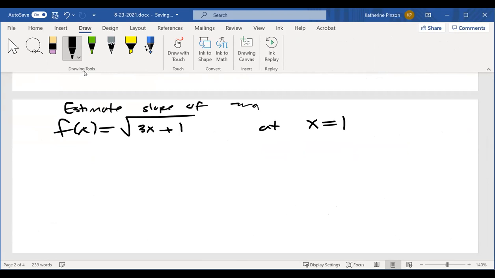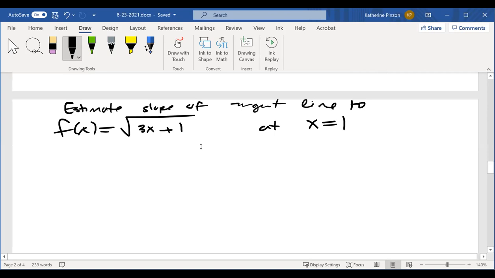Estimate the slope of the tangent line to f of x equals square root of 3x plus 1 at x equals 1. I'm going to start just by graphing this function.